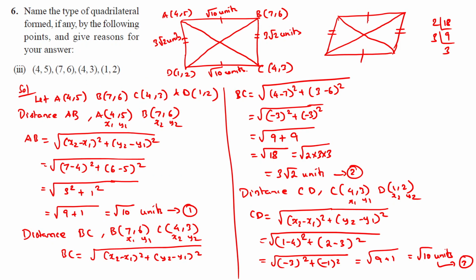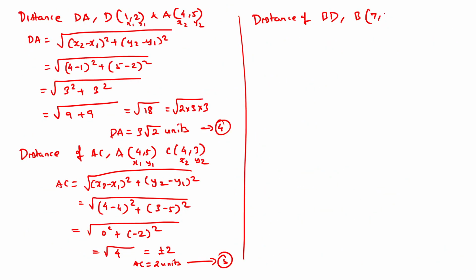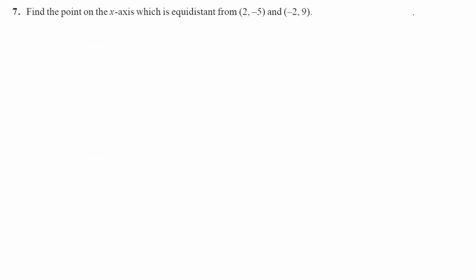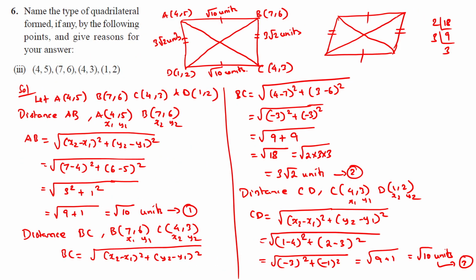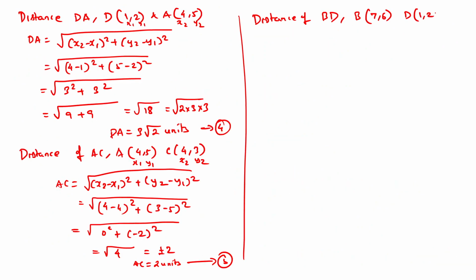Distance of BD. The coordinates of B are 7, 6 and the coordinates of D are 1, 2. This is x1, y1 and this one is x2, y2. Distance BD is equal to the square root of (x2 minus x1) whole square plus (y2 minus y1) whole square.